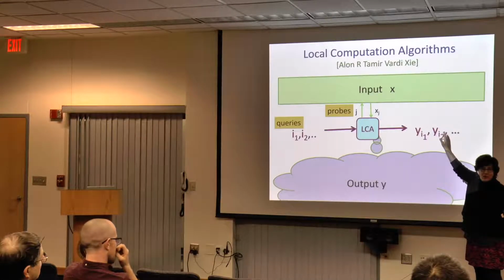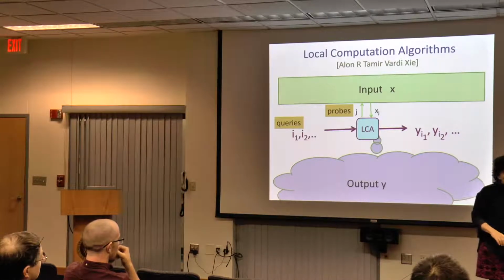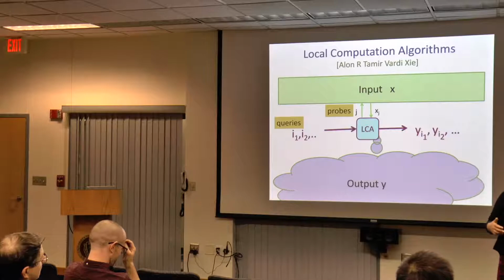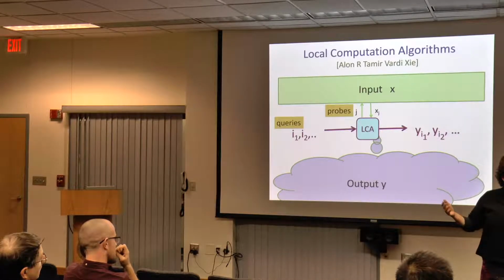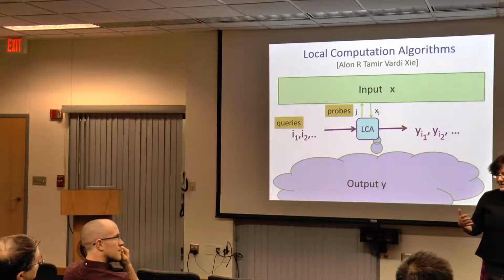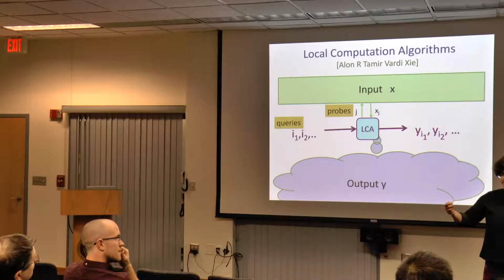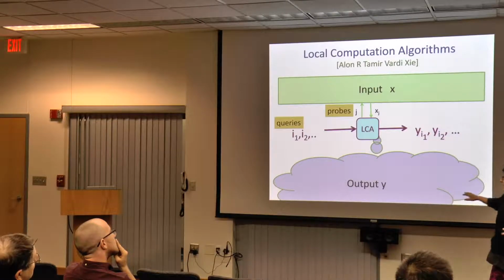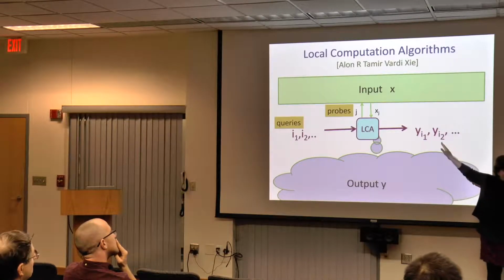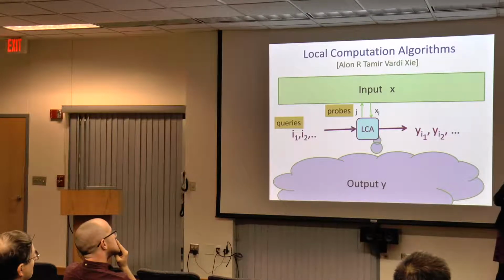So input x might be a graph, and the output y would be at least the number of nodes, because we'll talk about problems that I'll define in a minute, graph problems like maximal independent set, vertex cover, where you need to say for each node whether it's in the maximal independent set or not. So it's going to be pretty big. So, right, we are going to want the algorithm to be smaller than y, but that's true.